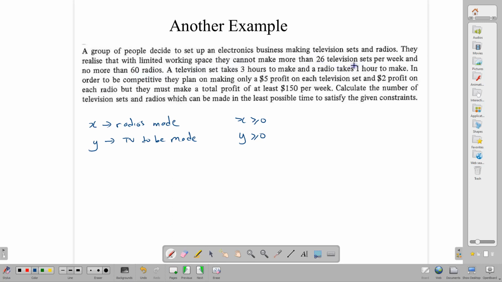So they cannot make more than 26 television sets. So we can have Y is less than or equal to 26, and for the radios we can have X is less than or equal to 60. That's information that is given here.